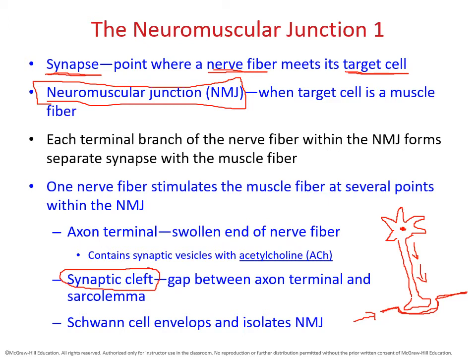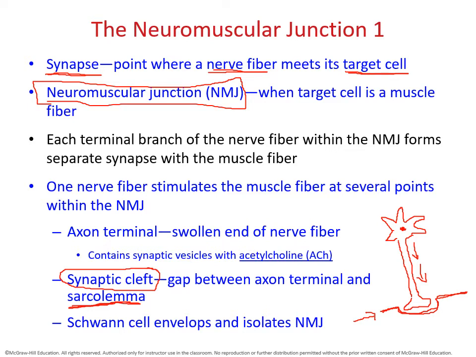It's going to allow the axon terminal to come extremely close to the sarcolemma, which is the start of our muscle cell, but they're not physically touching. They're literally just hovering over each other. And this neuromuscular junction is extremely important, so we want to make sure that there is no outside entity, like a pathogen, coming in and destroying this relationship.